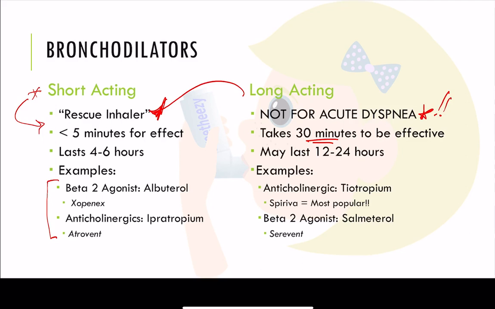It takes longer to become effective, but it lasts a lot longer. There are versions of long-acting bronchodilators that are both cholinergic and beta-2 agonists. So whether it acts on the sympathetic or the parasympathetic is not specifically related to short-acting or long-acting. It's the mechanism of the drug itself.